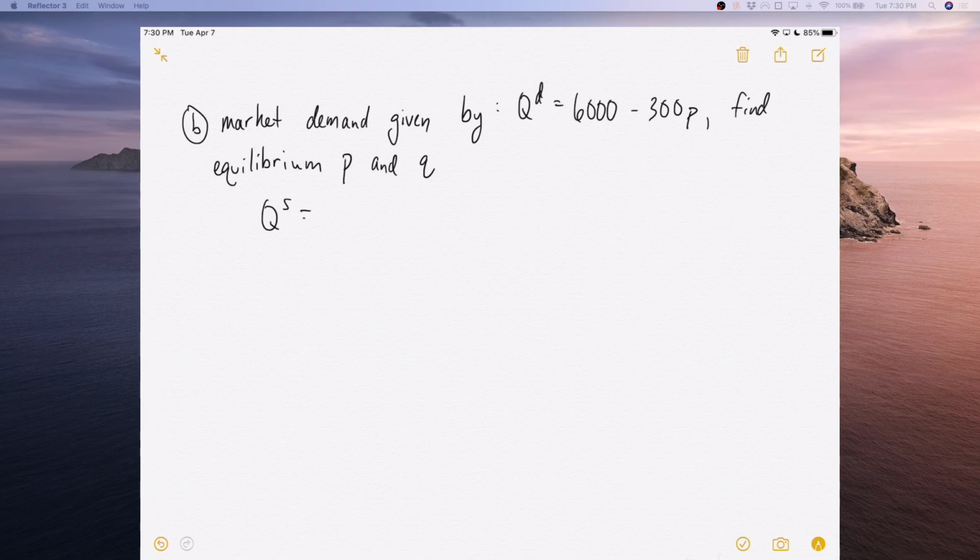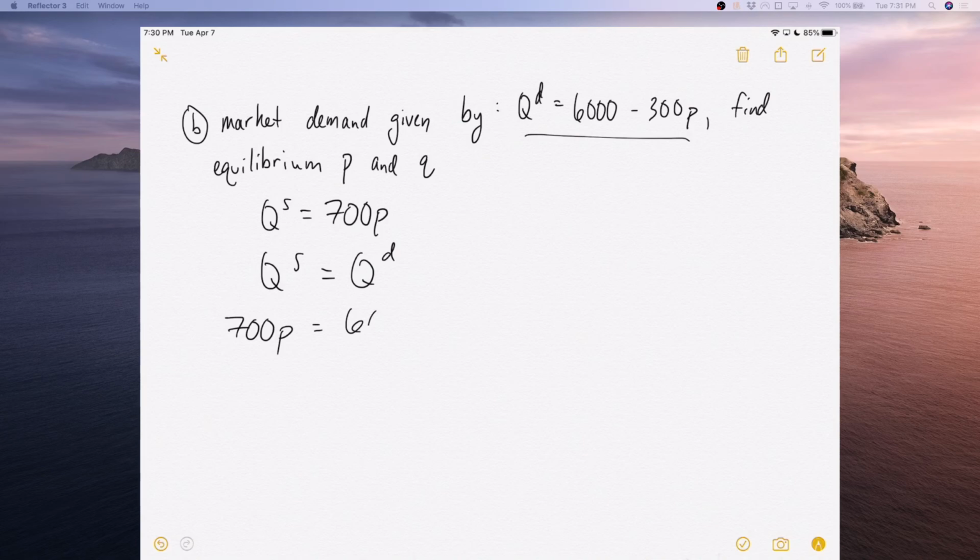QS equals 700P. So we're going to set QS equal to QD. So I'll have 700P equal to the term that the question gives us, that QD, 6,000 minus 300P. Do some algebra.